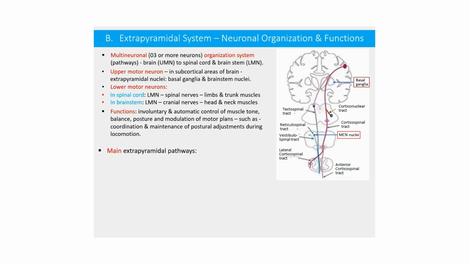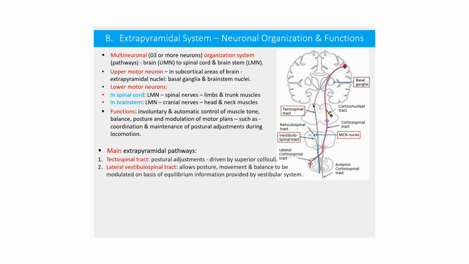There are four main extrapyramidal pathways. Number one is tectospinal tract, which is responsible for postural adjustment and is driven by the superior colliculi in the midbrain. Second group is the lateral vestibulospinal tract, which allow the posture, movements, and balance to be modulated on the basis of equilibrium information received from the vestibular system.